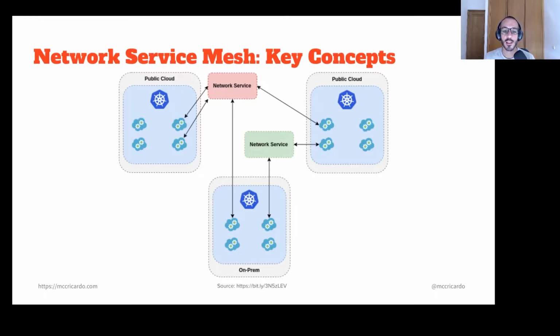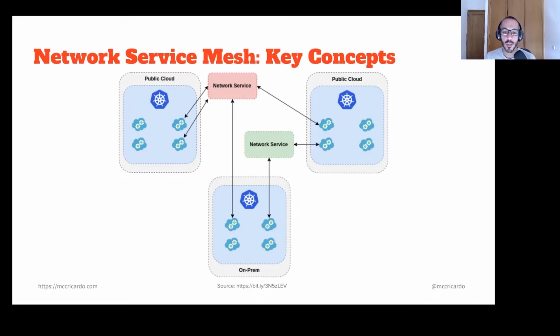A single L7 service mesh like Istio, Linkerd, Consul, Kuma, or any other, connecting workloads running on multiple clusters, clouds, or on-prem. A single workload connecting to multiple L7 service meshes. And workloads from multiple companies connecting to a single collaborative service mesh for cross-company interactions. So basically the examples that we've seen previously where L7 service meshes fall short.